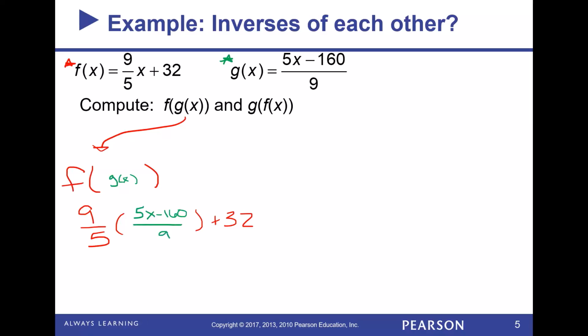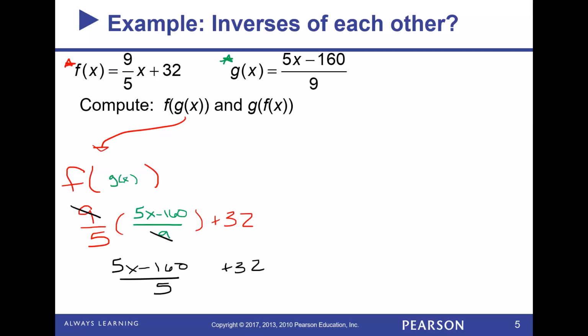In our simplification, we get 9 times this big fraction, which also has a 9, so those cancel out nicely, leaving me with 5x minus 160 all over 5, and then plus 32, because that 5 is only being multiplied to the parentheses.